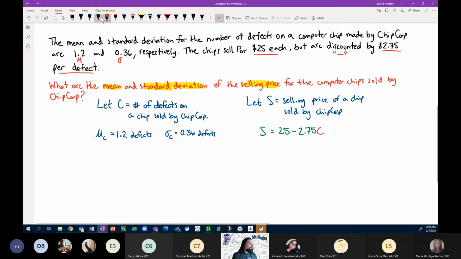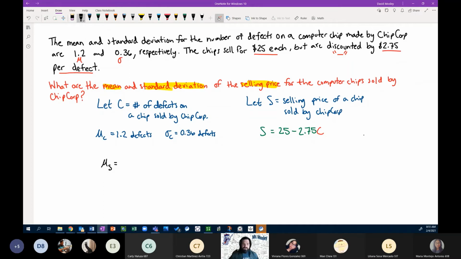When finding the mean of S, because that's what we're finding, the mean and standard deviation of the selling price, the mean of S is equal to this entire linear transformation. The mean, a measure of position, is affected both by adding or subtracting a constant and by multiplying or dividing by a constant.